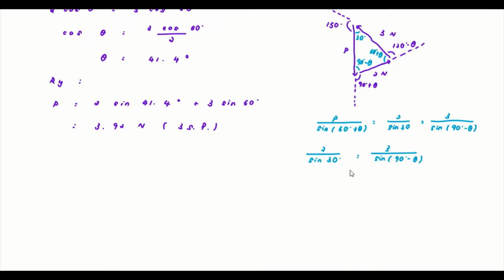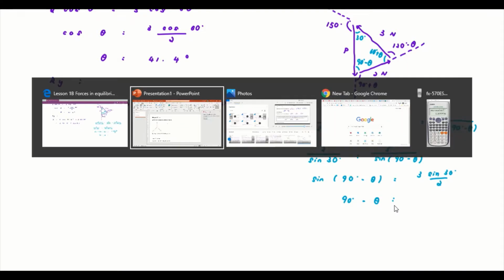In other words, sine 90 minus theta will be equal to 3 sine 30 divided by 2. I hope you can get up to this point, that 90 minus theta will be equal to... I can just use my calculator.